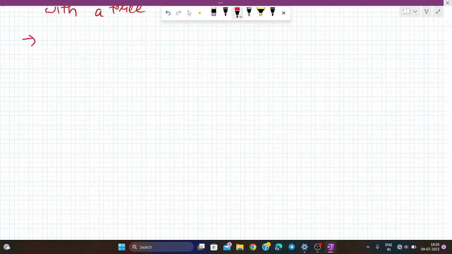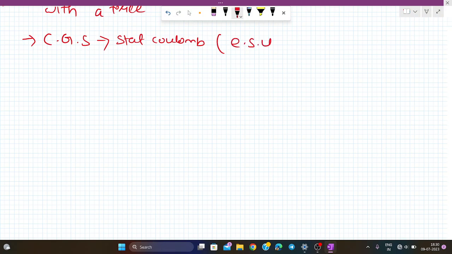So let's talk about CGS system. In CGS system, its unit is statcoulomb, or we can say it is the unit of ESU of charge.